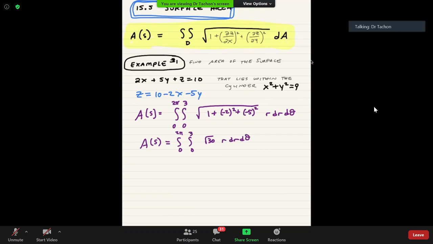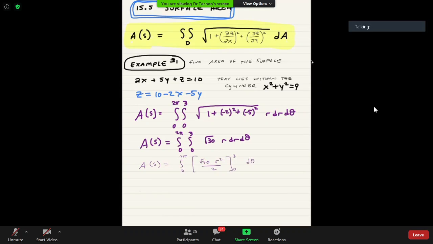So radical 30 r dr d theta. Then I'm going to go to a smaller size pen so I can get this on the page. Let's integrate with respect to r, from 0 to 2 pi. This is going to be r squared over 2, so radical 30 times r squared over 2. Evaluate this from 0 to 3, and then we'll take care of theta.